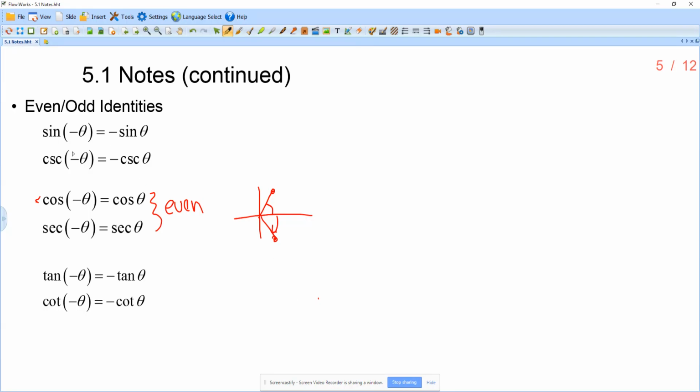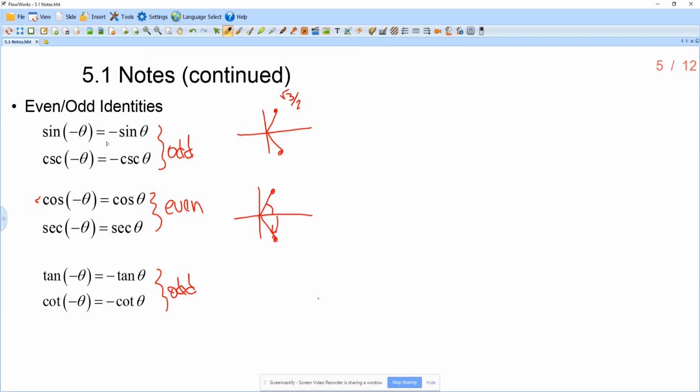That doesn't happen with an odd function like sine, cosecant, tangent, or cotangent. The reason it doesn't happen, I'll just draw this once to explain what odd looks like. Take the sine of an angle. If we said pi thirds versus negative pi thirds, the sine here is root 3 over 2. That is not going to be the same as the y value down here.